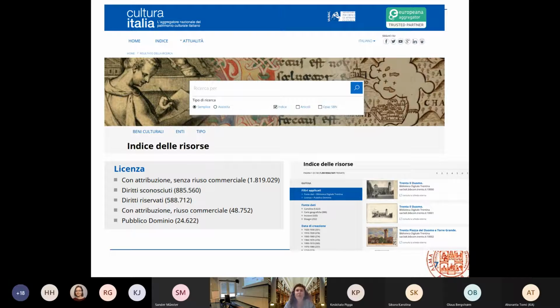So there is a conflict between European recommendations and policy and some local domestic laws that protect not only the content but also the metadata, as a peculiar part of the experts' analysis and work. So you can see here that CC BY is preeminent, but also that we don't have so much public domain released content or metadata.